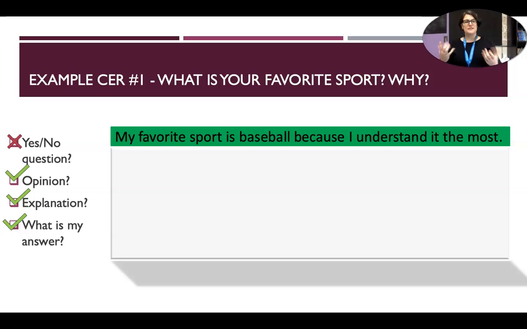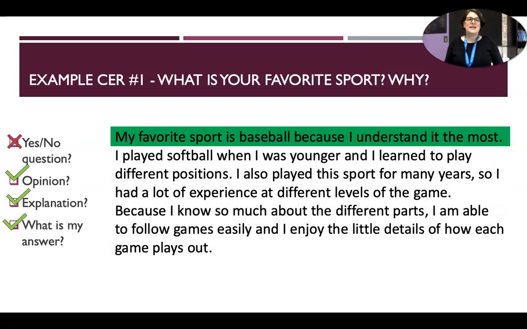So that's my claim sentence, and I have it highlighted in green so it sticks out and I know exactly what I'm going for to prove here. Now I can go on and write the rest of my CER paragraph, which is right here where I explain and prove my answer. But right now I'm really just focusing on that claim that my favorite sport is baseball because I understand it the most. It completely answers the entire prompt.